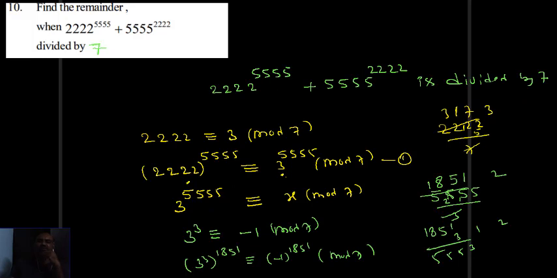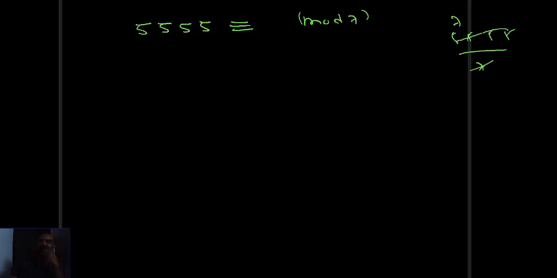Next, I want to find the remainder when 5 power 2 is divided by 7. I will write 5 congruent to something modulo 7. 5 by 7: 7 7s are 49, 49 means 6, 5 5s are 25, 7 3s are 21, 4 remainder.